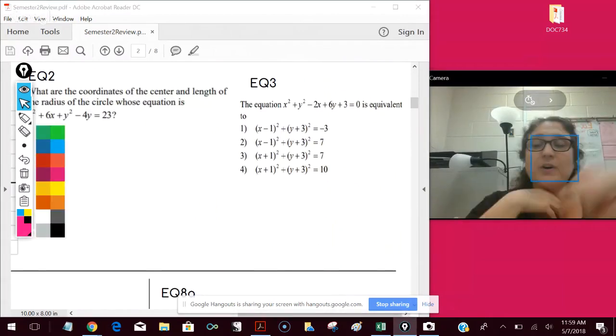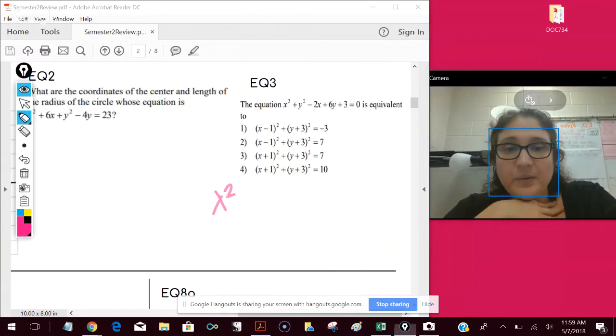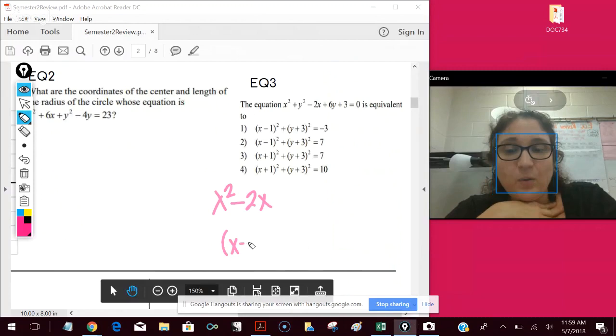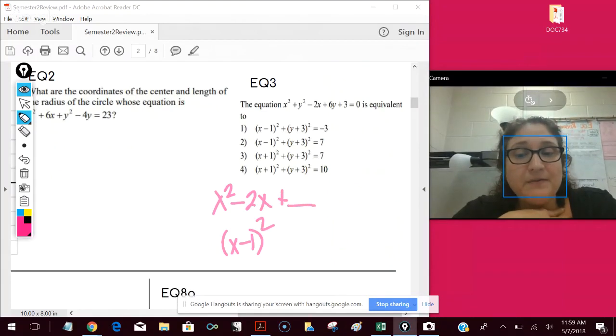So first, we're going to group the x's. So we've got x squared minus 2x. Well, I know half of 2 is -1. And then I know that, I guess I'm only writing the formula. Plus here, well, if I divide by 2 to get to 1, 1 squared is +1. So I know I'm going to be adding 1 on this side. Then I'm going to group the y's.